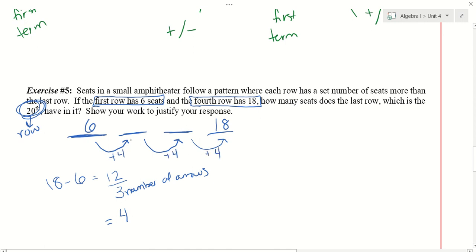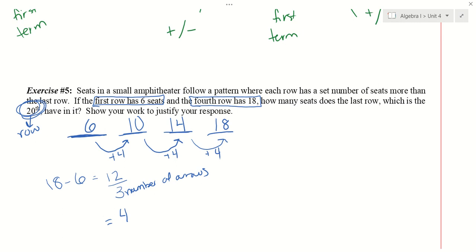Plus 4 gives me 10. Plus 4 gives me 14. Plus 4 gives me 18. I did it right. So we're adding 4 seats to every row to move from one row to the next.